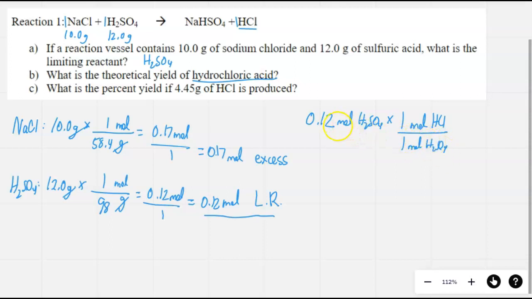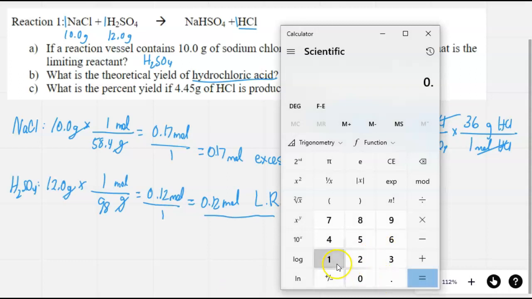So I went in the moles, used the mole ratio. Now time to come out of moles. HCl was 36. Did you need to? Yeah, you can go. 36 grams per mole. So we're just going to take 0.12 times 36 is 4.32.